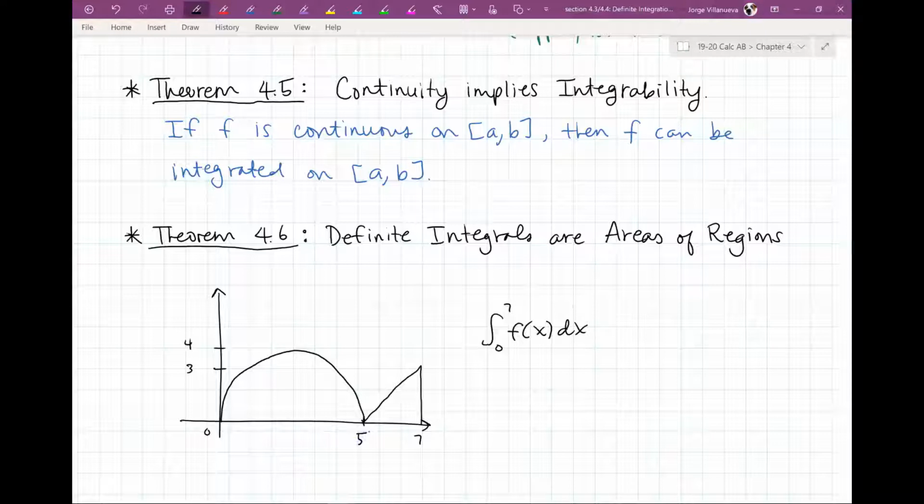If I were to ask, what's the integral from 0 to 7 of f of x dx, and I don't even give you the function to integrate, just that picture, well, this theorem says that definite integrals, 0 to 7 of f of x dx, are areas. This is where you need your geometry. You'd say, okay, this is at about 2.5. That's a semicircle, so the area would be 1/2 pi r squared, and you plug in your information.